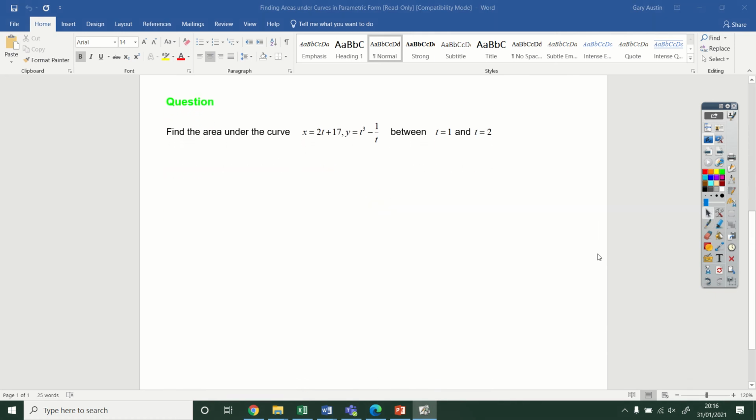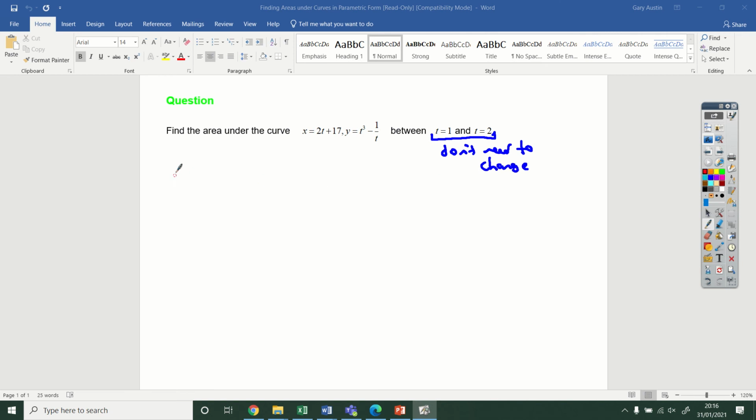Okay, question 2. Find the area under the curve given by x equals 2t plus 17 and y equals t cubed minus 1 over t, and that's between t equals 1 and t equals 2. Okay, so again, the first thing I'm going to notice is that my given bounds are in terms of t, so I don't need to change those, because ultimately my integral is going to be in terms of t, so that's what I need to have right away.